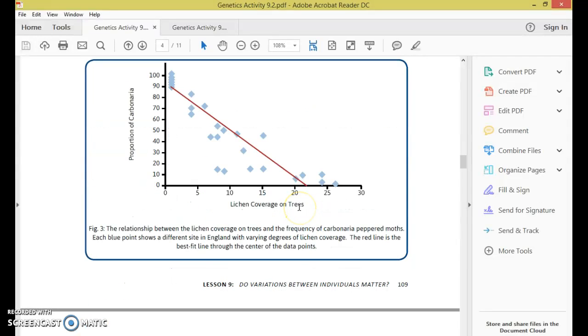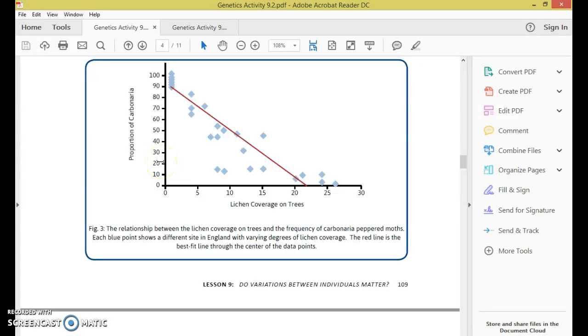And then also, you should have noticed that when there's less lichen, there are more carbonaria moths. So as the number of lichen on the trees goes up, the number of carbonaria moths goes down. So as the number of lichen goes down, the number of carbonaria moths goes up. You can say that either way.